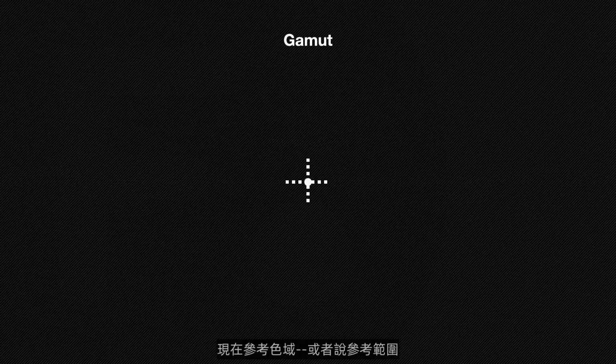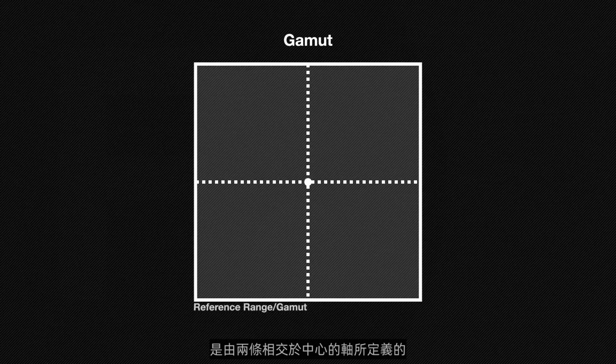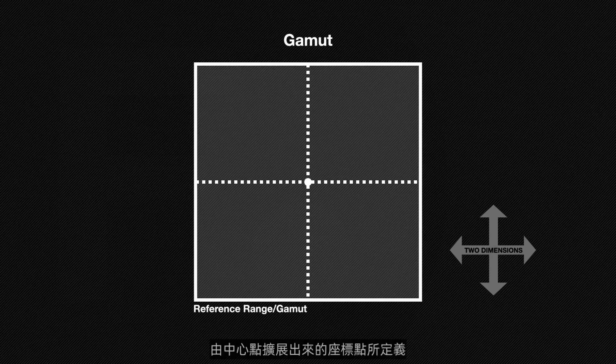Now, our reference gamut, or reference range, is defined by two axes intersecting at the center. And so, we have all directions of the plane available. The gamut now won't be a line, but an area defined by coordinate points originated from the center.